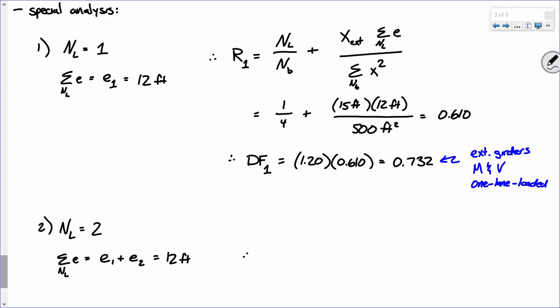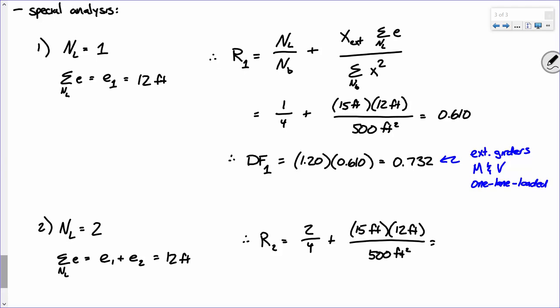So in this case, I propose that R2 would then be 2 over 4 plus 15 feet times 12 feet divided by 500 foot squared. And that comes out to be, this comes out to be 1.1?